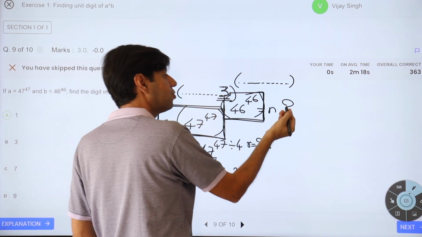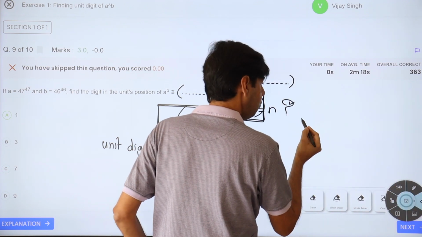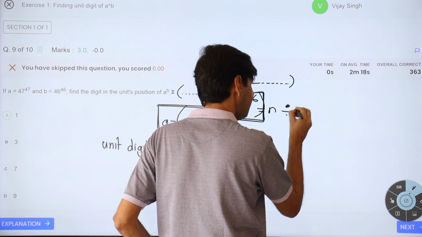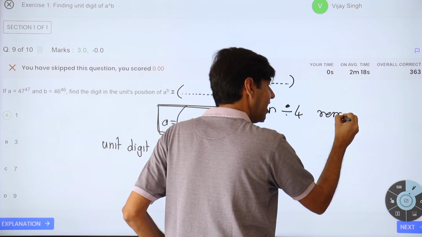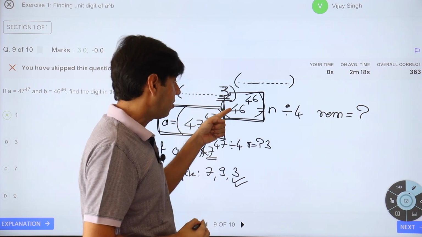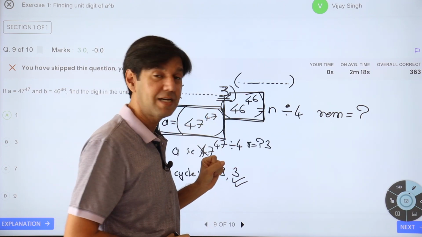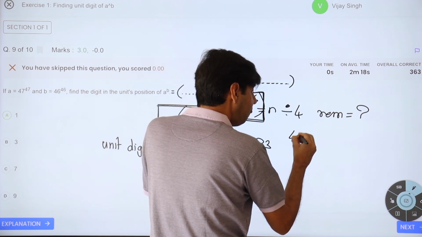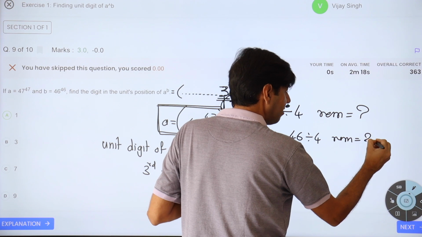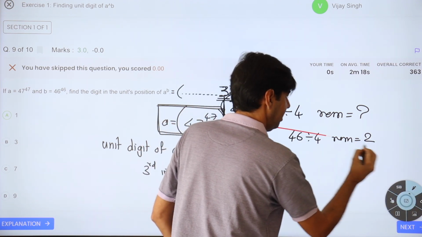This is a 3, so n, this number, what are we going to do? We are going to divide it by 4 and check the remainder. And we have just today done this question. 46 raised to 46 divided by 4, what is the remainder? And if you do 46 divided by 4, the remainder is 2. I'm sorry students, but then you haven't really paid attention.